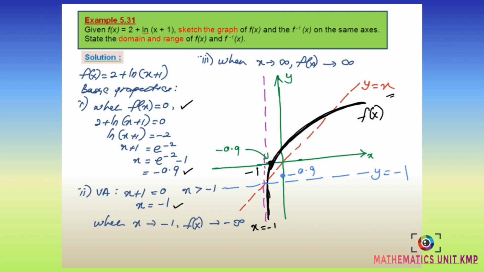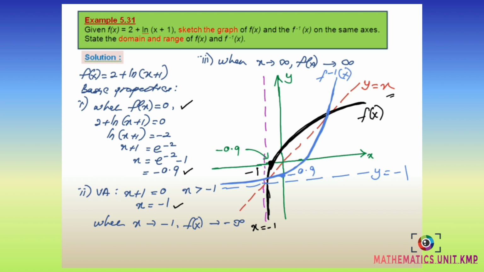The graph approaches the horizontal asymptote at -1, and when x approaches infinity, the function approaches positive infinity. And here is the graph of f inverse.